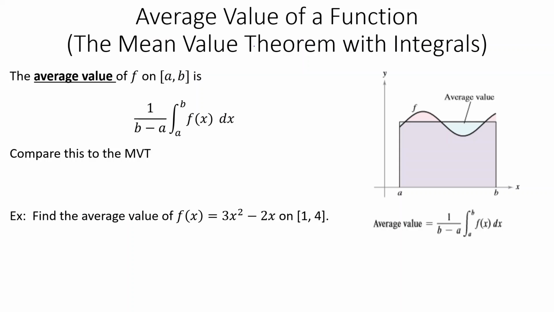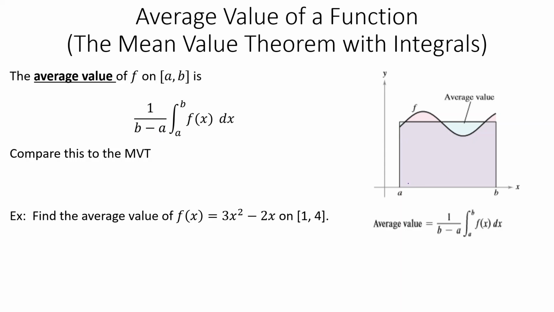All right, so the average value of a function, which is related to mean value. Remember, mean and average are kind of like the same word. So the average value of a function f from a to b is the integral from a to b of f times 1 over b minus a, divided by the length of the interval. In other words, we're finding the area under this curve, the pink part here.